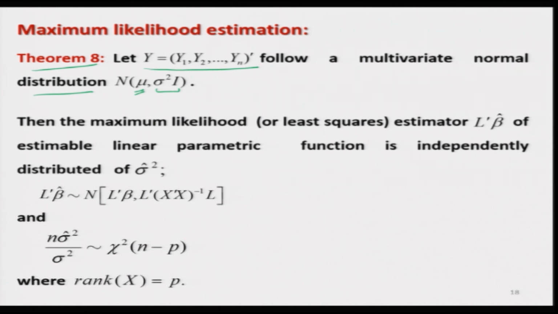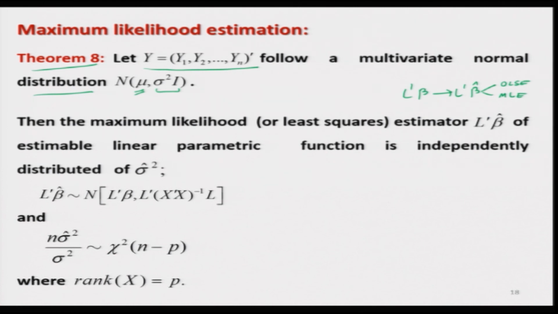Now, you have seen that if you consider an estimator of the linear parametric function L transpose beta as L transpose beta hat, then beta hat can be either the OLSE, ordinary least square estimator, or the MLE, maximum likelihood estimator, because both have the same form.